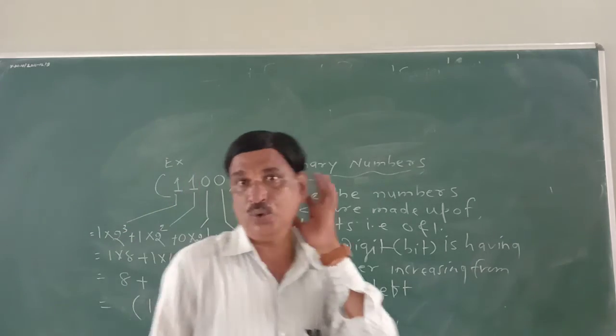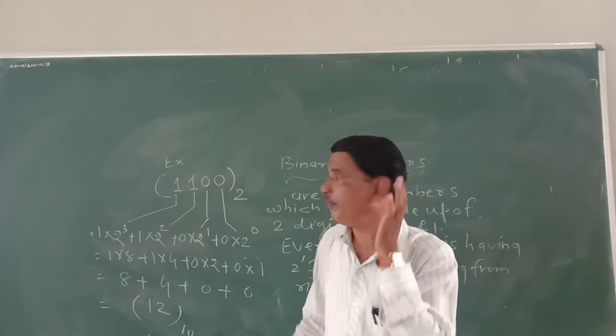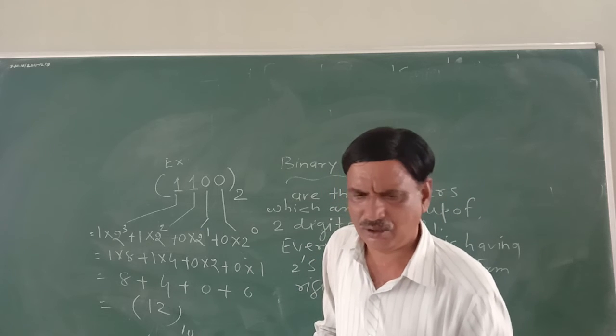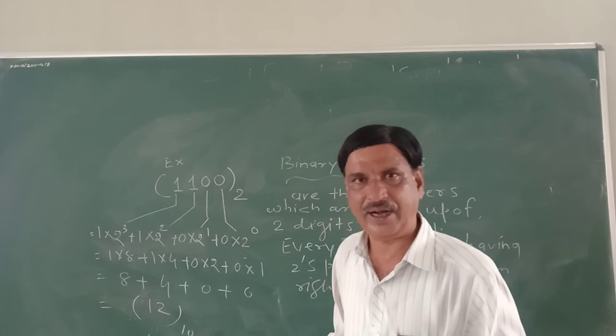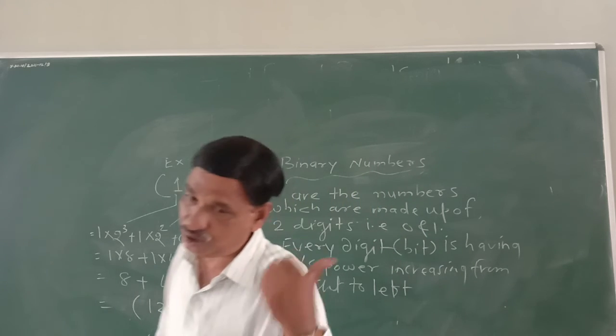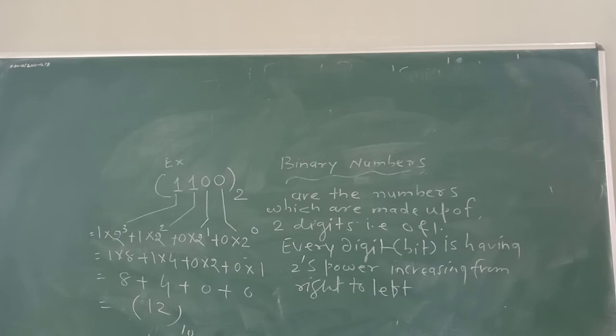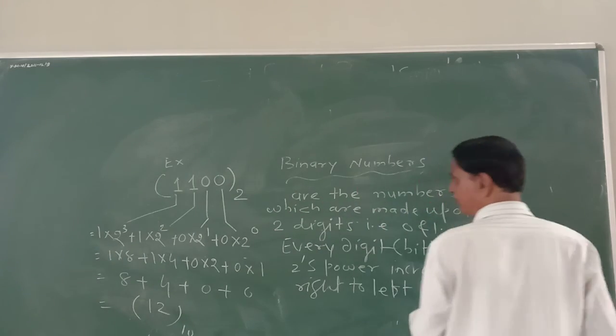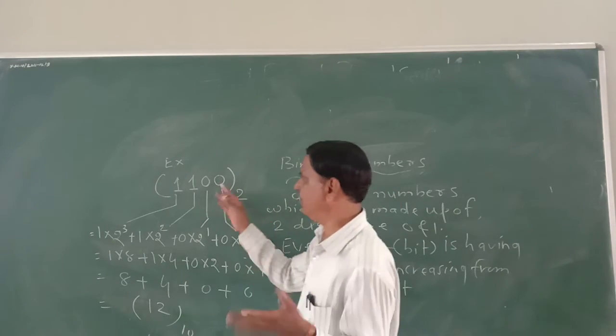So 12 in decimal is 1100 in binary. You don't say one thousand one hundred, because this is a binary number; that term is used in decimal numbers. You say 1, 1, 0, 0. So this is the example. According to the definition, binary numbers are made up of only 2 digits, 0 and 1.